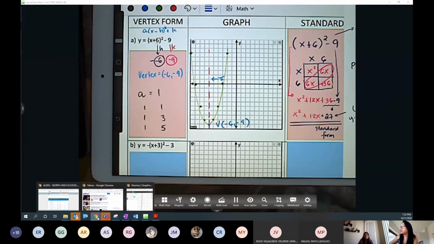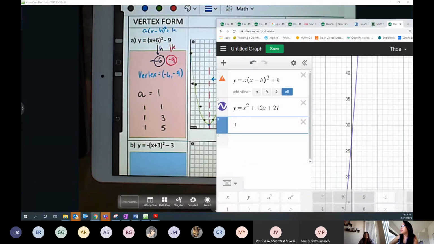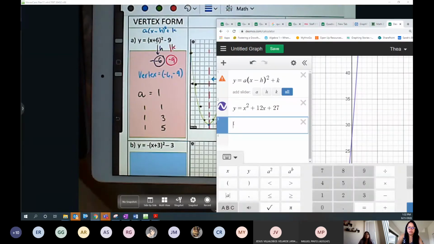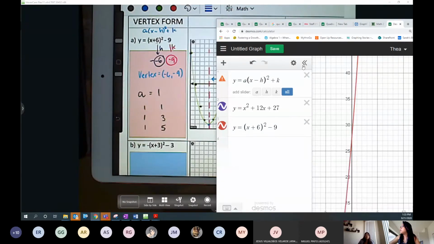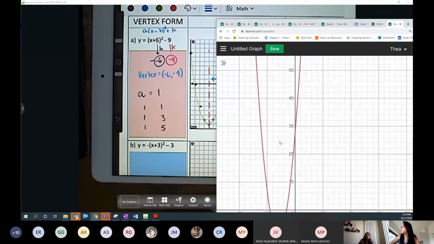Okay, we always check with decimals. We can actually even graph this vertex form, +6 square -9, and we should end up with the same graph.